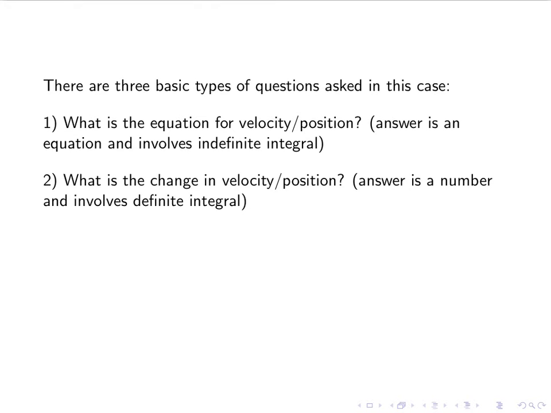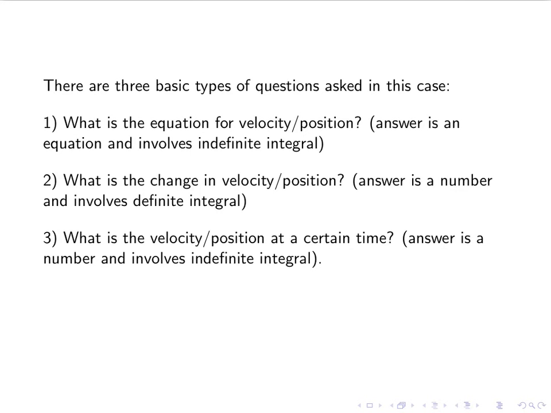Another type is, what is the change in velocity or position? So the change in position, say, is a number, 25 feet, 32 feet per second. Okay, it's a number, and it involves a definite integral. So remember, the definite integral is the change in the function.